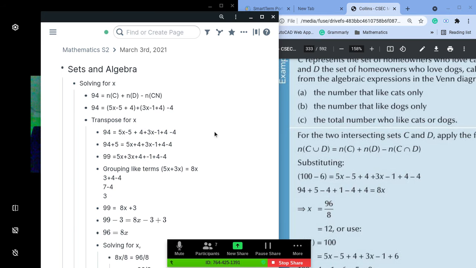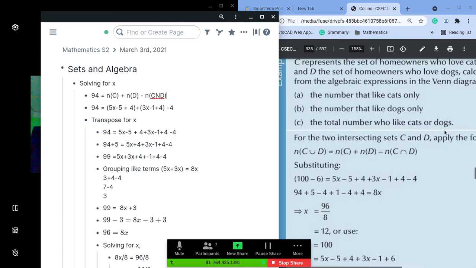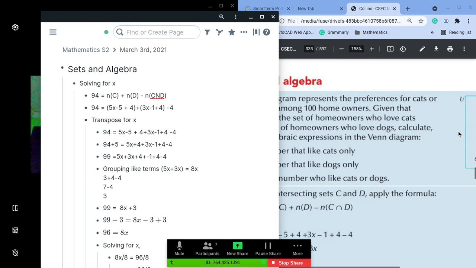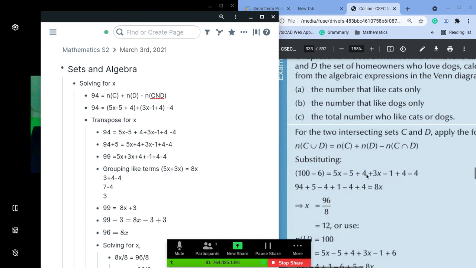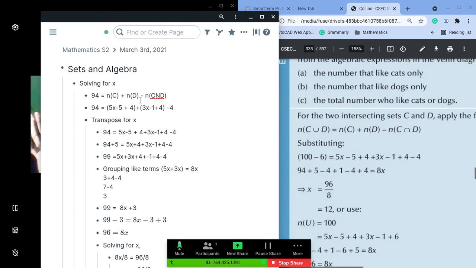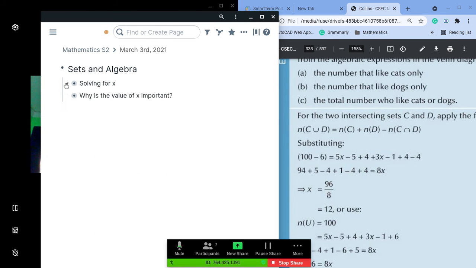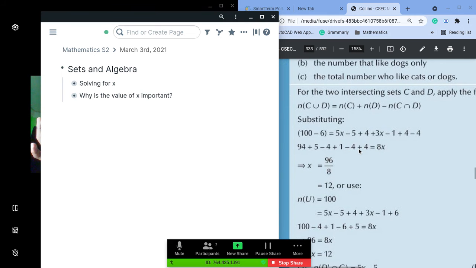This part of the equation tells you how many persons actually liked every choice, which is equal to 96. So when we simplified it and found the value for x, we found it was equal to 12. Does everybody understand so far? Do you guys understand?